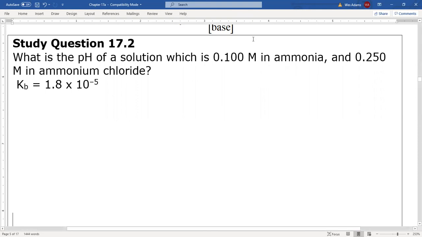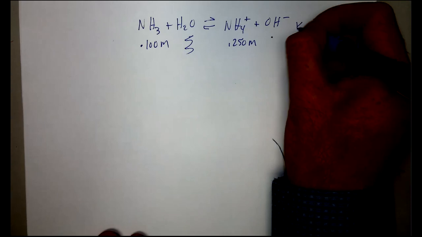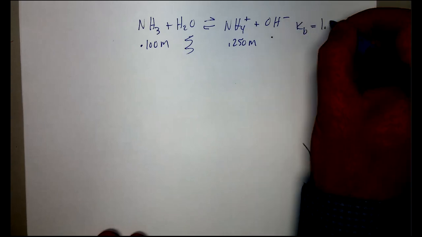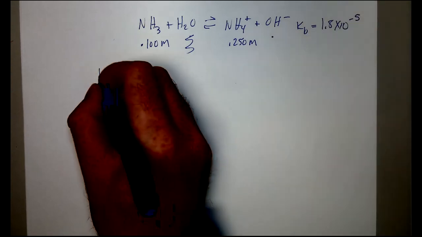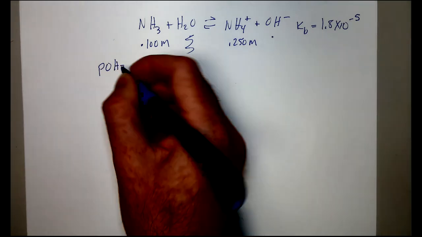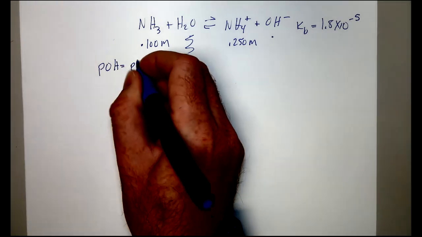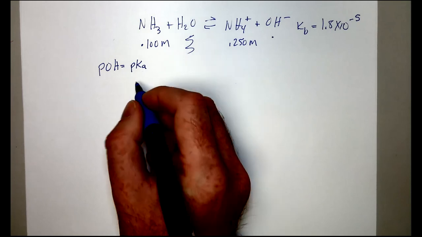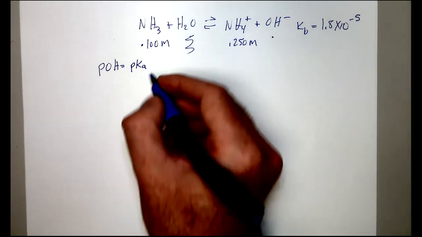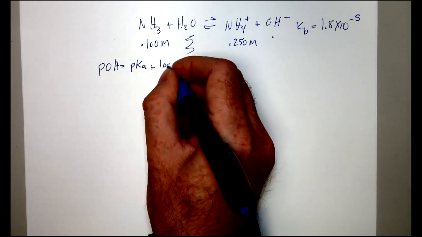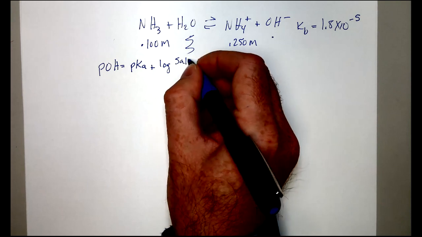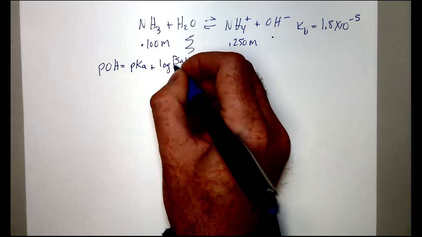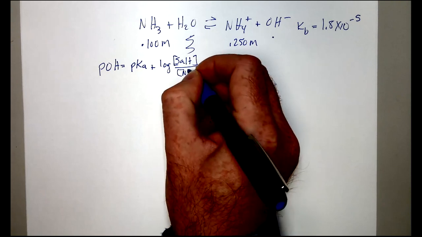So let's take a look at how that would work with the Henderson-Hasselbalch. Remember, the Kb is equal to 1.8 times 10 to the negative fifth. So our pOH is going to equal our pKa, because usually the pH of a buffer is best when it hangs around that pKa, but it's going to be plus the log of our salt concentration, which is our ammonium, divided by our ammonia concentration.